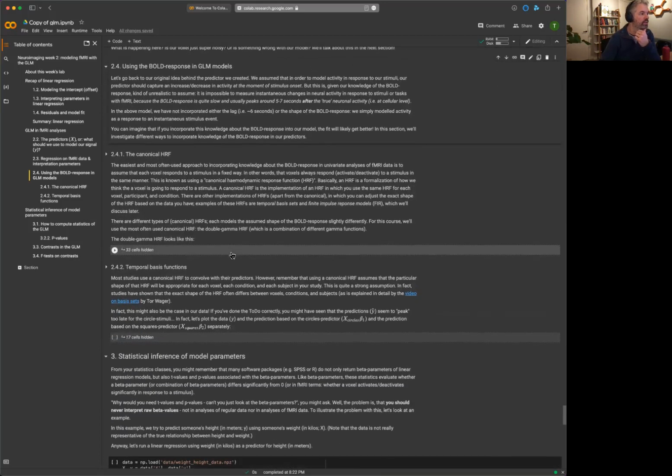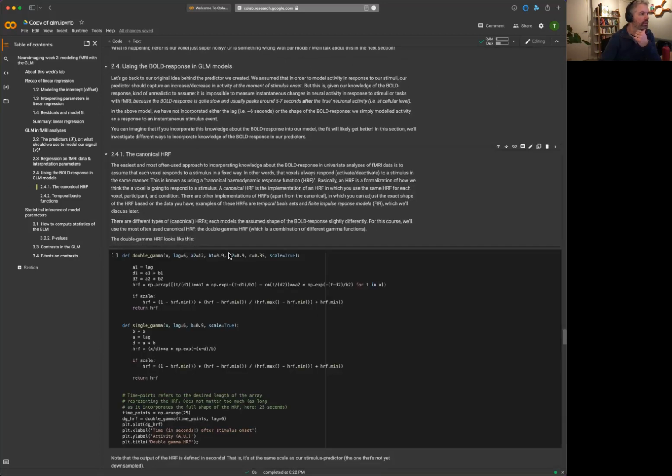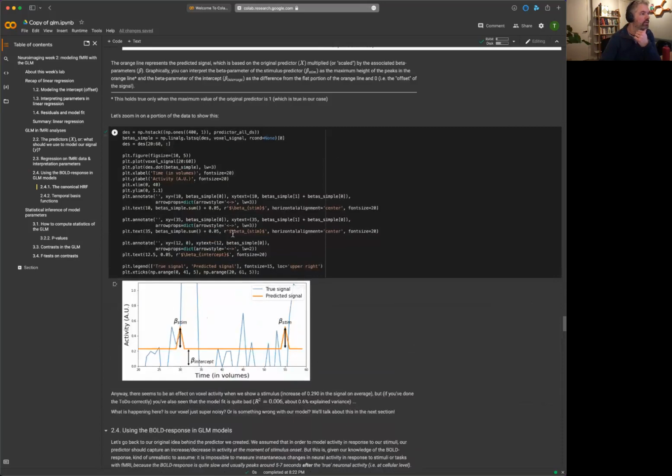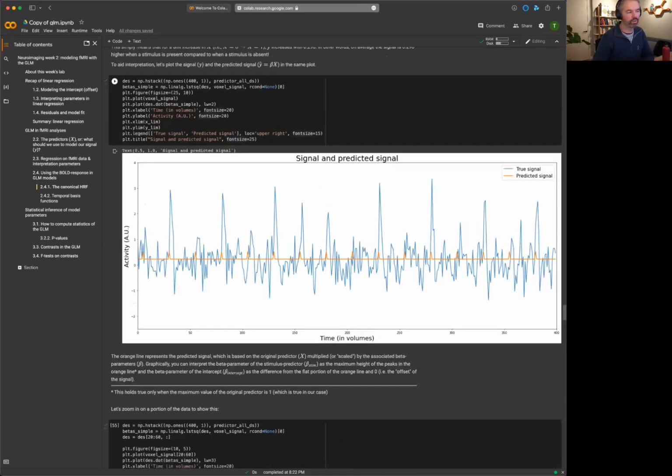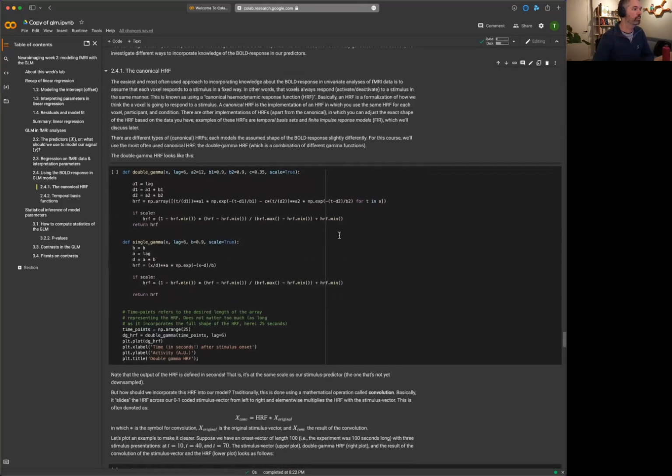If you take a step back, here an event happened, and then there's this whole bulky signal happening afterwards that we're not even trying to capture. We need to be able to fit this bulky response.